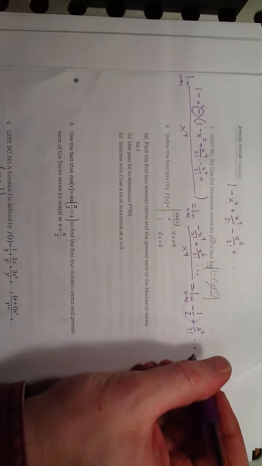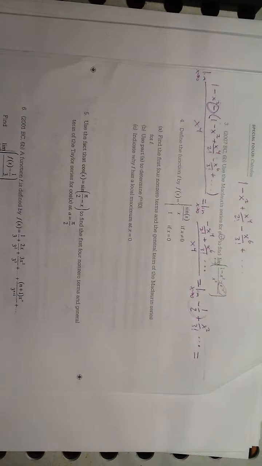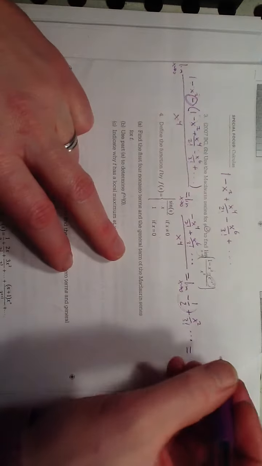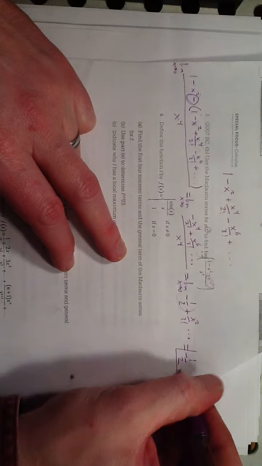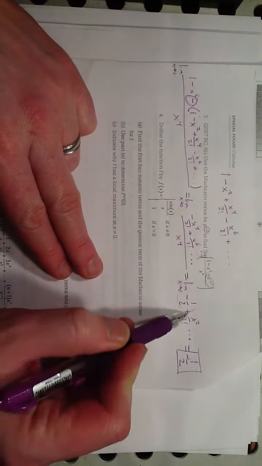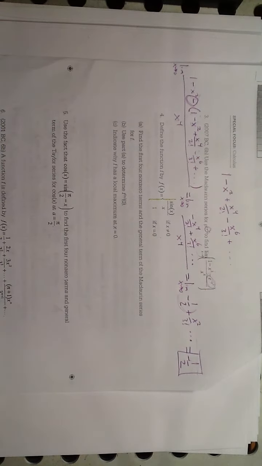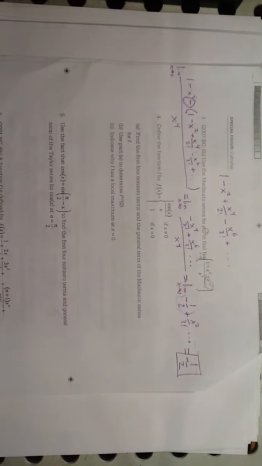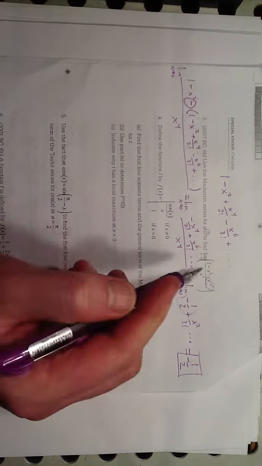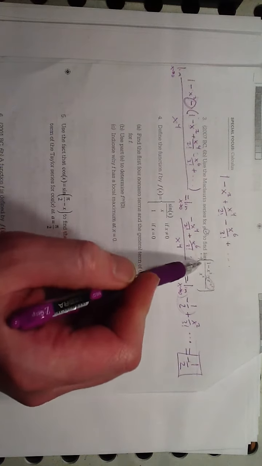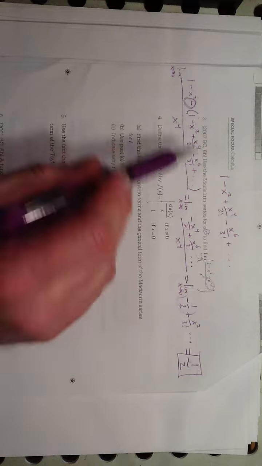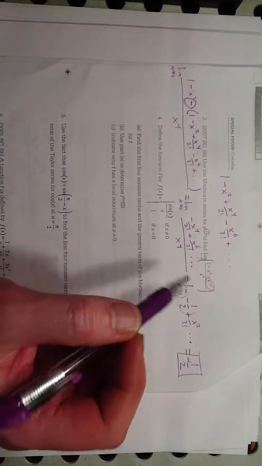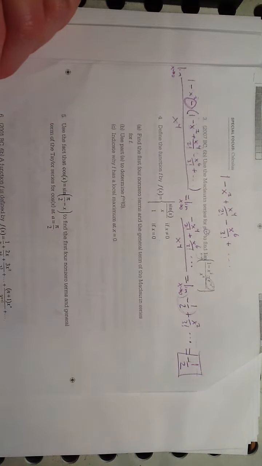So the limit as x approaches 0 of that is just negative 1/2. Right? All the other terms go to 0 because you just plug in 0. So here's a case where you were asked to do a limit and it did not involve L'Hopital's rule. It involved sequences and series, or in particular a Taylor series.